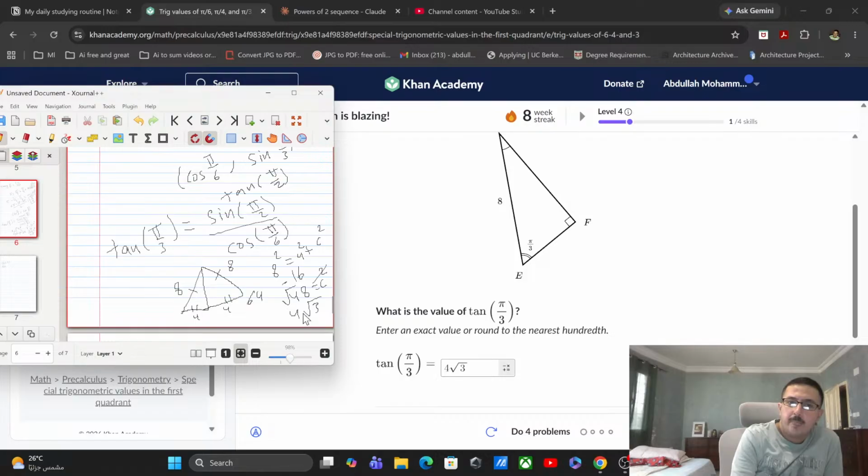Over 4. It's going to be the square root of 48 over 4, the square root of 3.